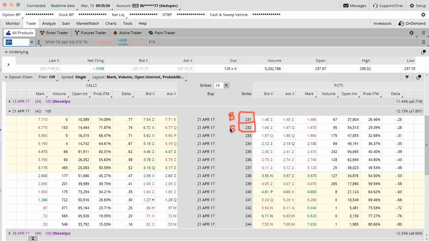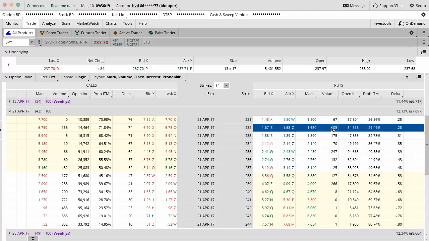We'd sell the closer-in strike price, and we would buy a strike price further out to create a risk-defined position. Now, of course, you can go much further out. We only showed 14 strikes here, but you can buy the 230s, the 229s, etc. You can make this as wide as you want and take in as much credit as you want. Just keep in mind how much risk you're willing to take and make sure that your risk is always under 5% per ticker symbol.